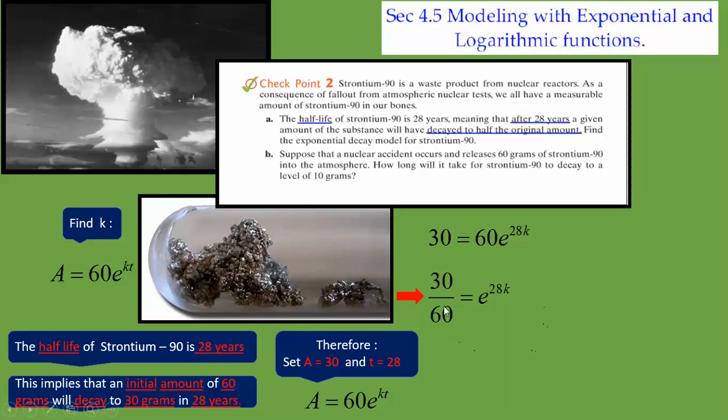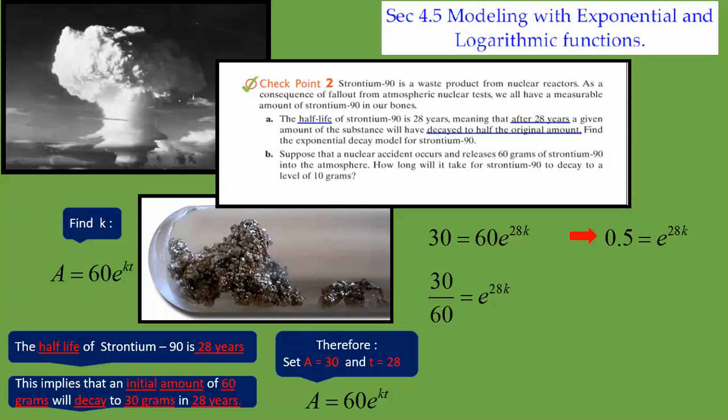So that's what I do here, and so I end up with this fraction, 30 divided by 60 is equal to e raised to the 28k. I decided to express my fraction as a decimal, so here I have that here. So it's now 0.5 is equal to e raised to the 28k power. And now what I'm going to do is I'm going to introduce my natural log function next.